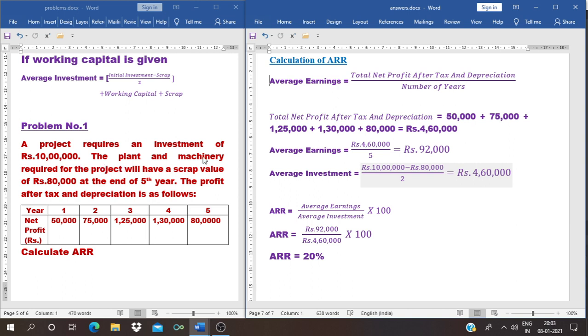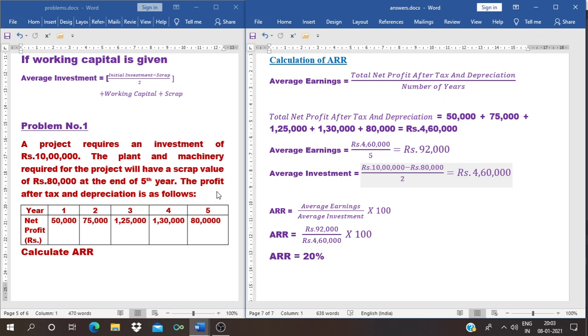The plant and machinery required for the project will have a scrap value of rupees 80,000. Initial investment 10 lakh and the scrap value is given as 80,000. This 80,000 is at the end of the 5th year. The profit after tax and depreciation is as follows.